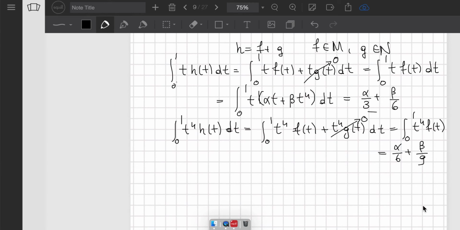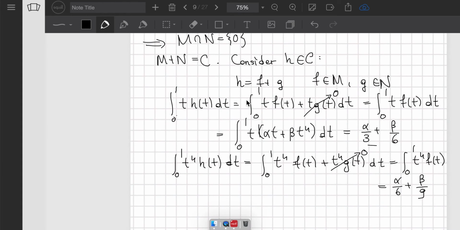Great. Now we have two variables here, alpha and beta, and we also have two equations, right? So we can always find alpha and beta in this case, right? Because for any function h, these two equations will always be satisfied because we have two variables and two equations.